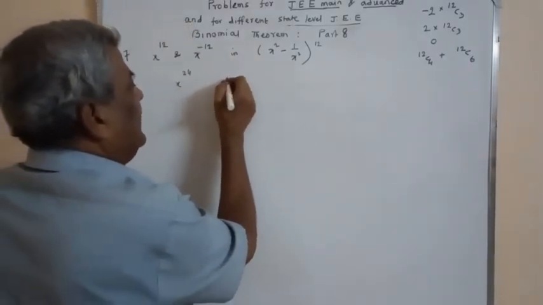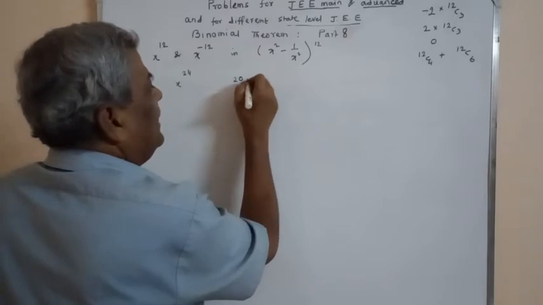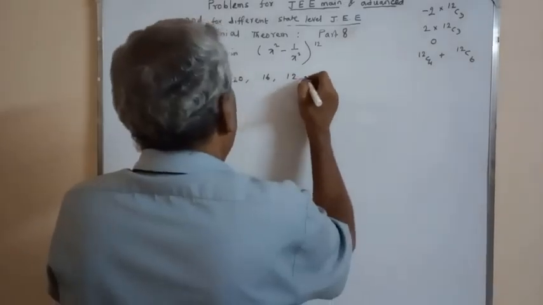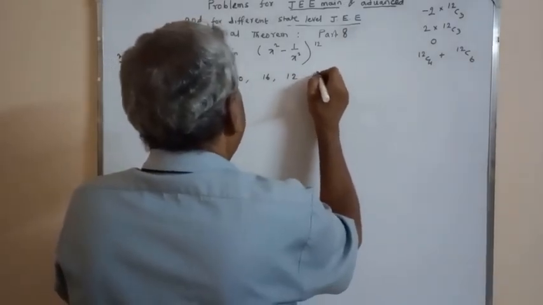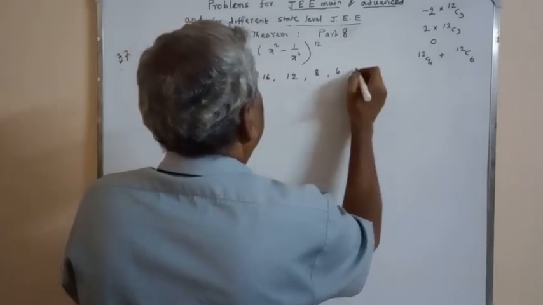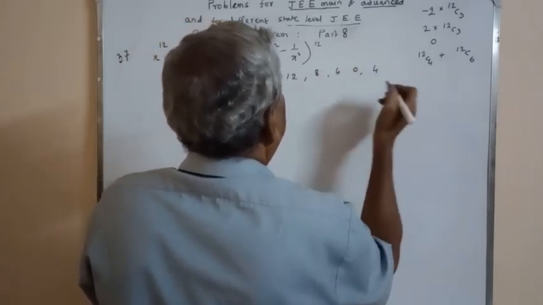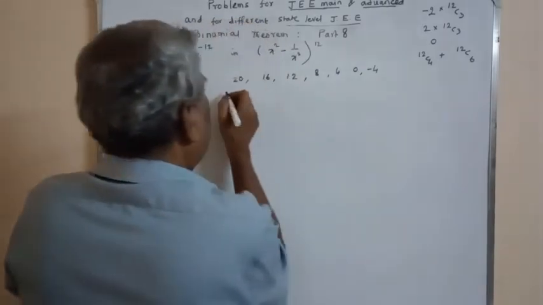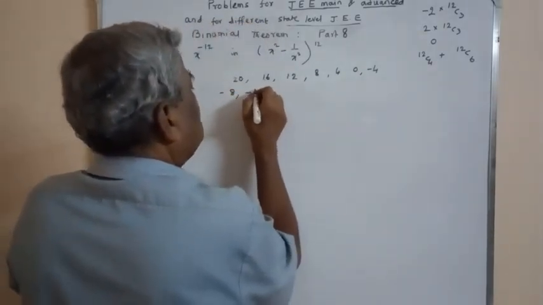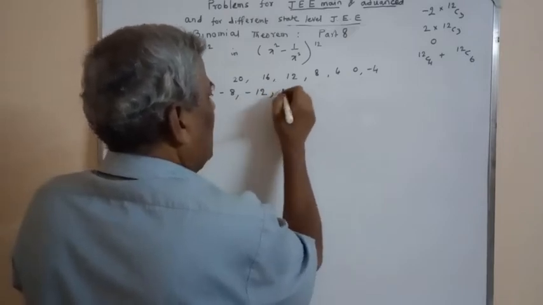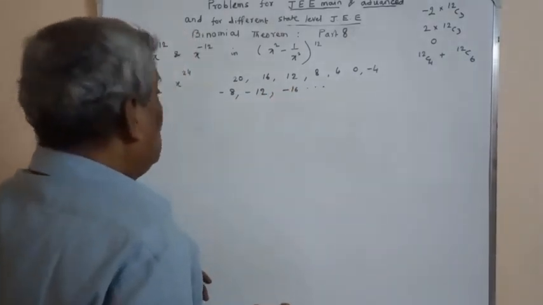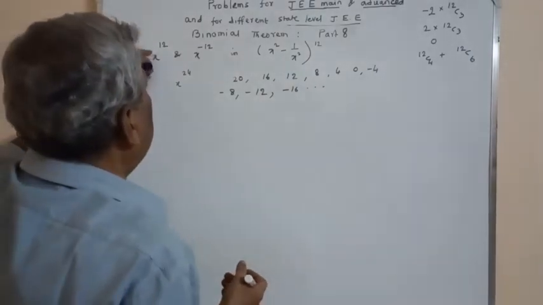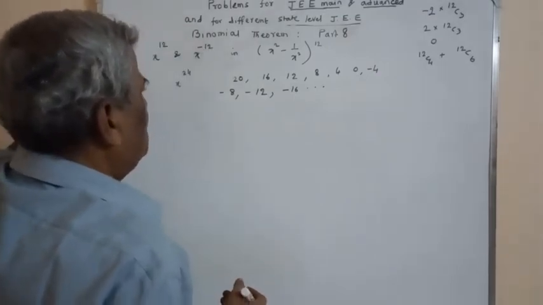So next term will contain x to the power 20, then 16, then 12, then 8, 4, 0, -4, then -8, then -12, then -16, and so on. We have to find the sum of the coefficient of x to the power 12 and x to the power -12.